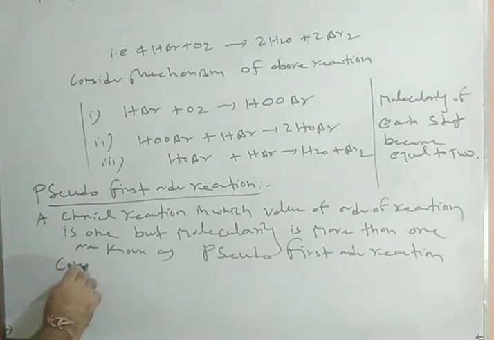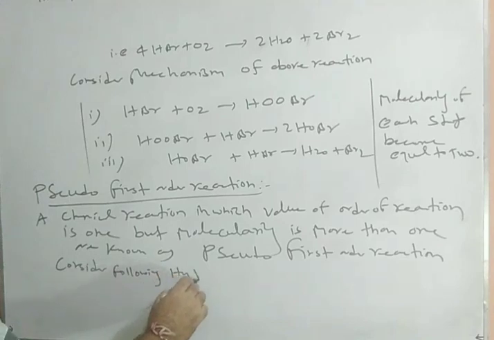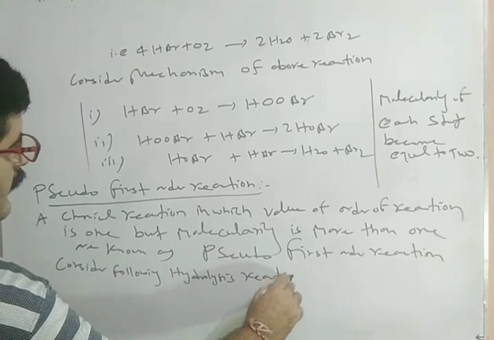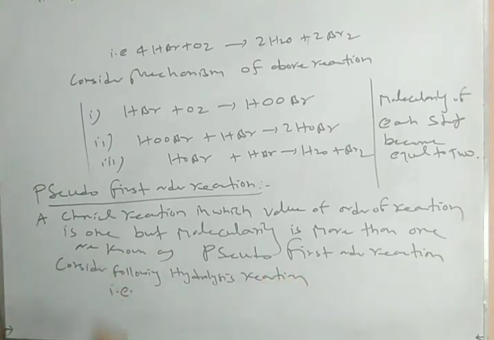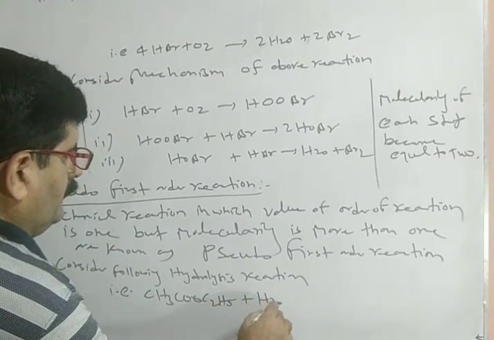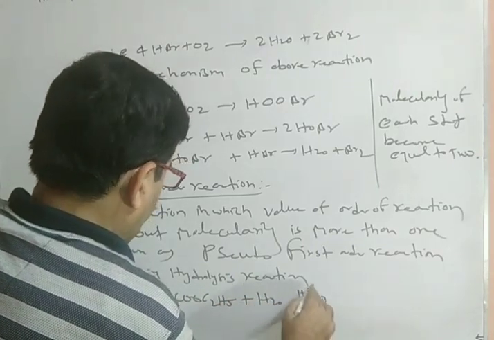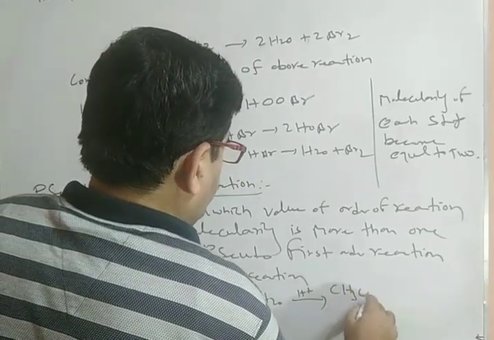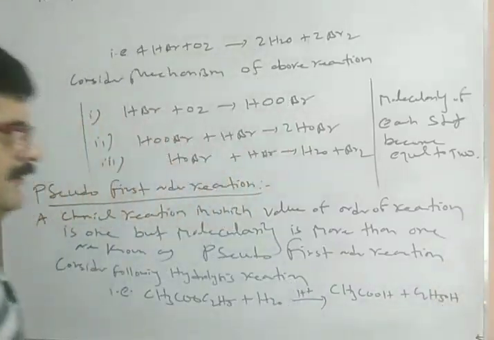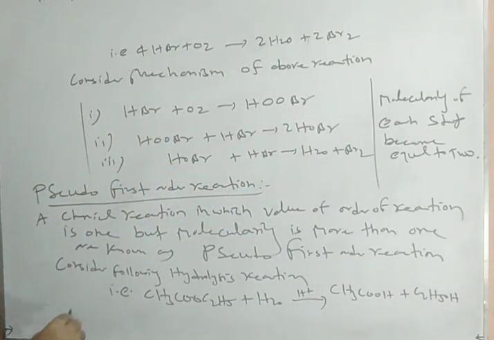Consider the following hydrolysis reaction. If we take any ester like ethyl acetate plus water in the presence of acid, it forms CH3COOH plus C2H5OH. This is a hydrolysis reaction.